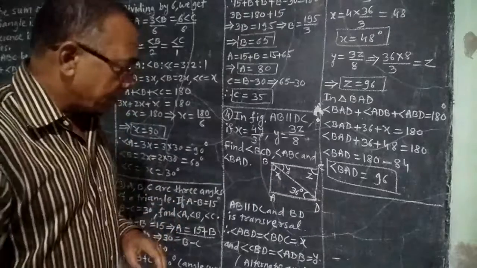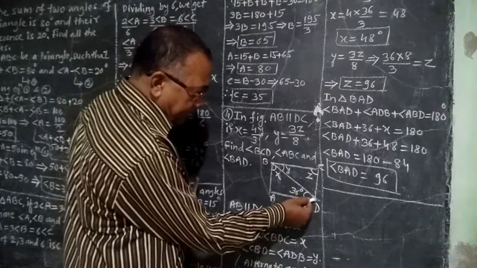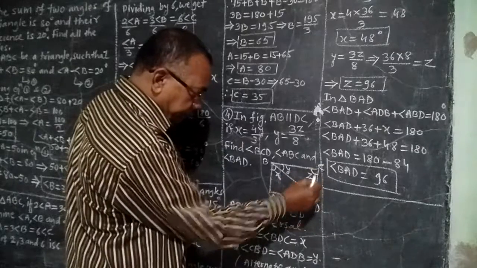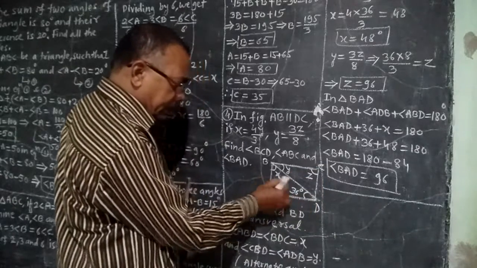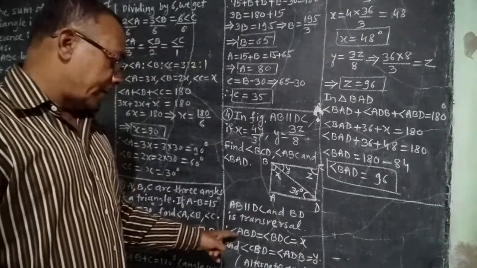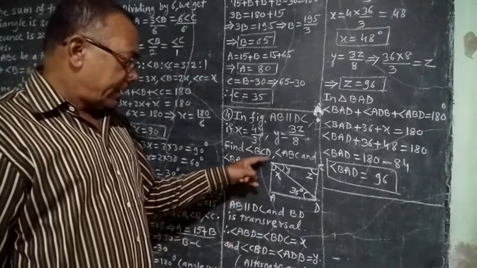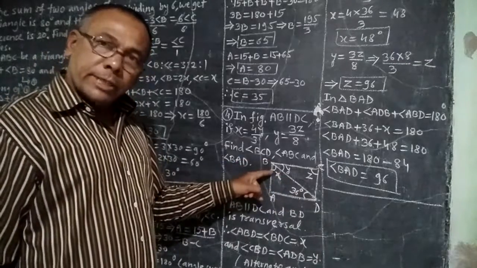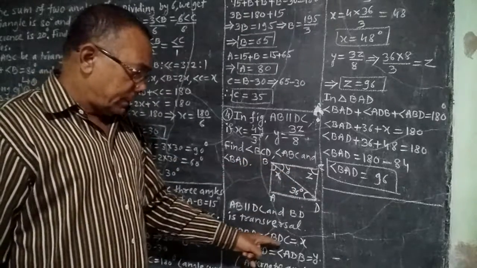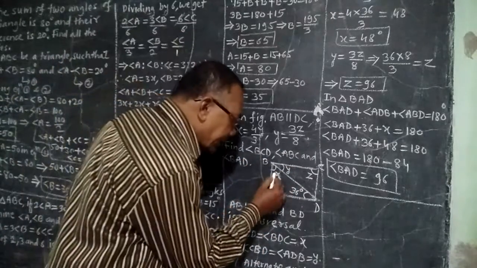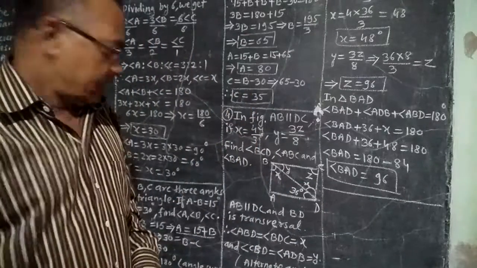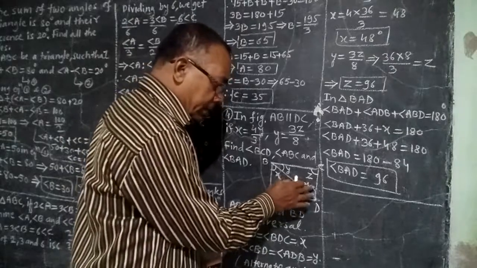Here BD is the transversal, then angle ABD, that is x, is equal to angle BDC. BDC means if this is x, then this angle also must be x. So in this way we got x here.